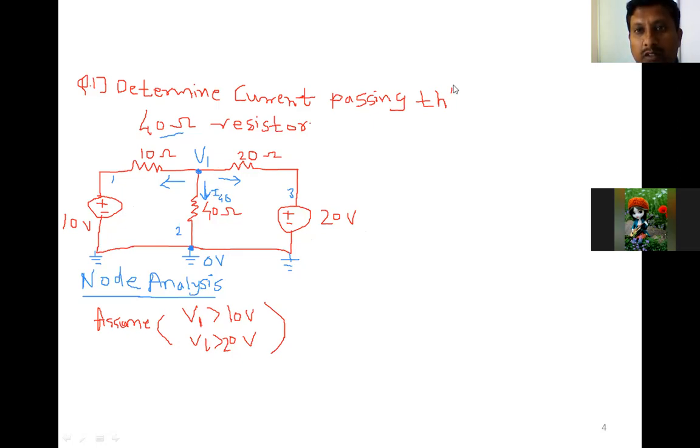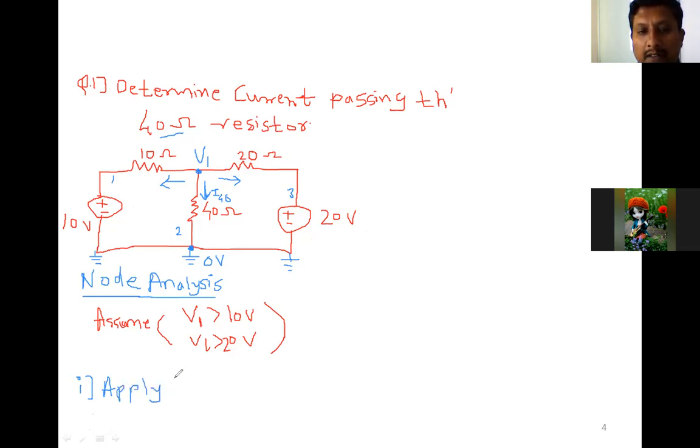Now, we have to apply the KCL. I will write a small i in Roman, because only one node is there, that's okay. If two nodes were there, then small i1, small i2 would be used, because KCL we have to apply at each and every principal node.